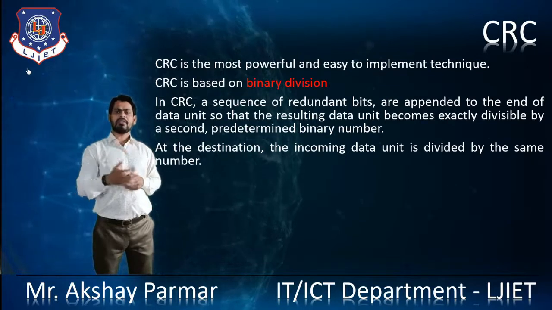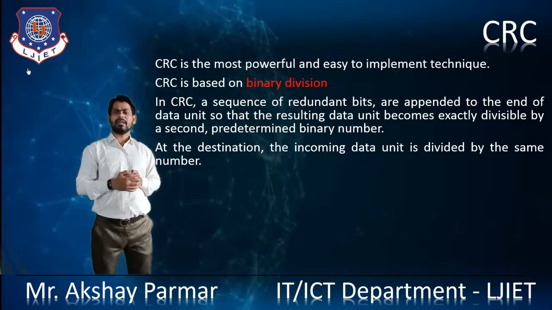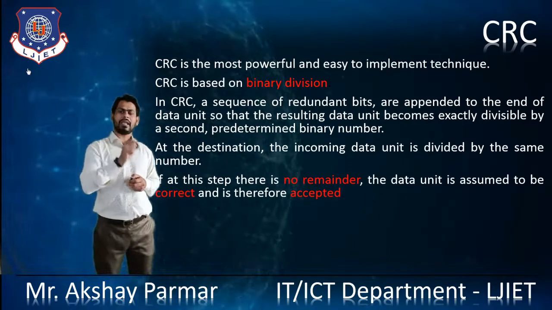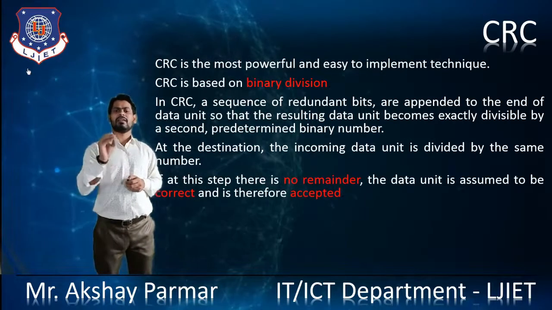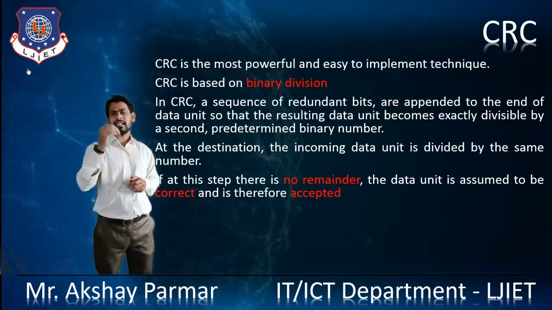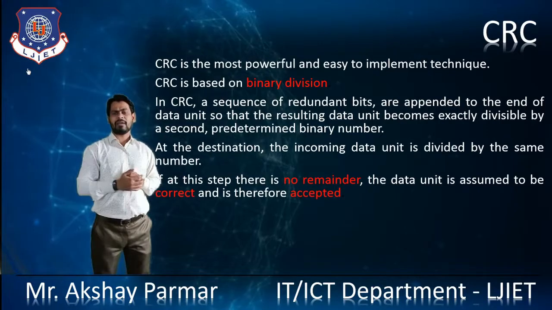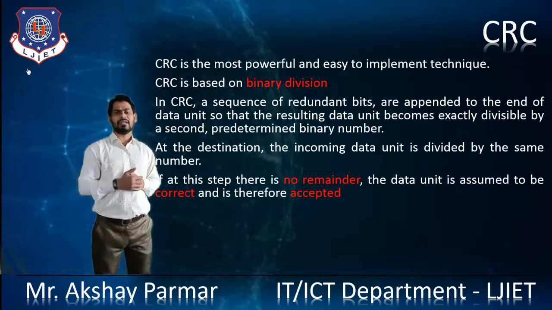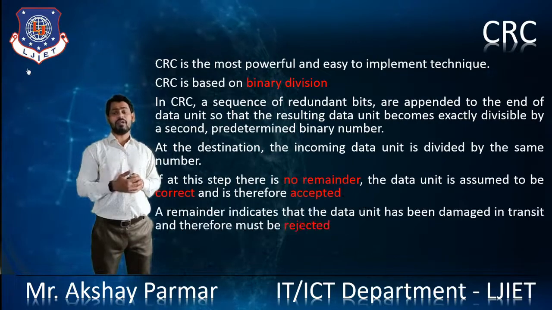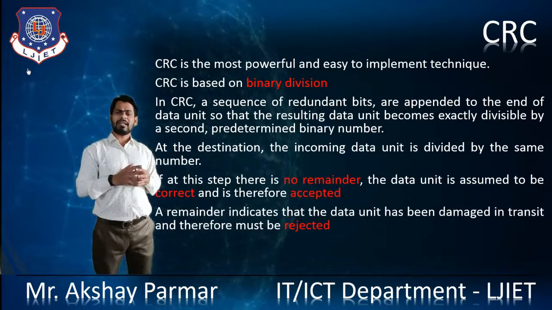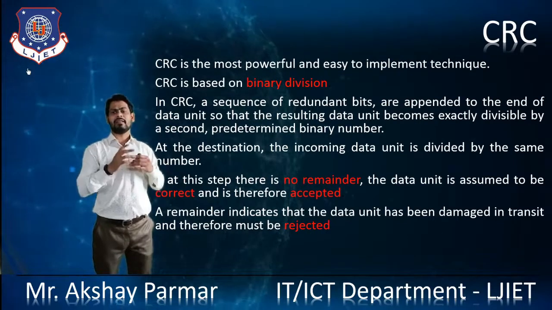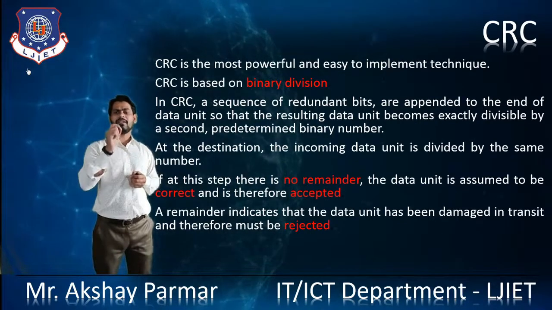At the destination, the incoming data unit is divided by the same number. If at this step there is no remainder, the data unit is assumed to be correct and is therefore accepted. So there is no error during the transmission, and we can simply accept it. A remainder indicates that the data unit has been damaged in transmission and therefore it must be rejected.